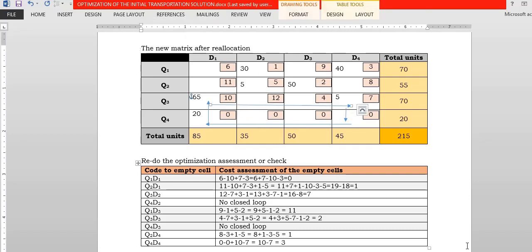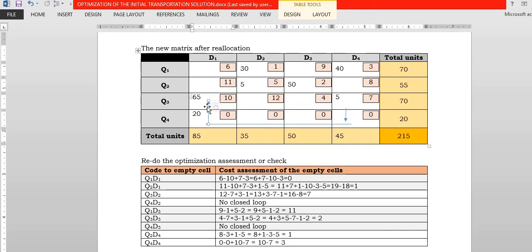So we have tested a new matrix to check if there's a possibility of us reducing cost further, and we have realized that there's no possibility of us reducing cost any further. So we are maintaining this particular position. On this basis, you can conclude that this position that we got is the optimum position.